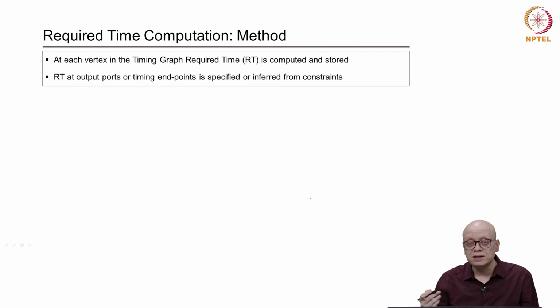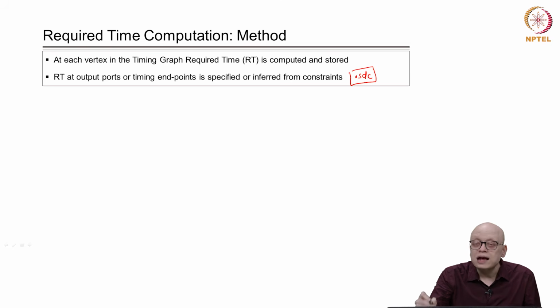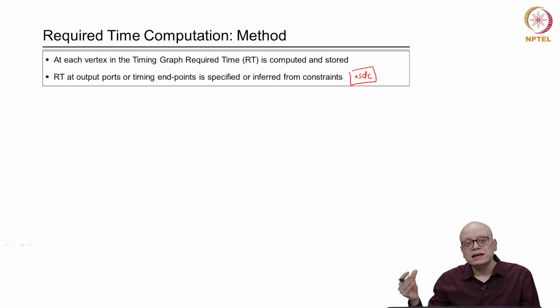So, the constraint can be specified at the output port in the SDC file, or this constraint can be inferred using the clock constraint or the clock period at the clock pins of the flip flops, and based on that the required time can be computed at the D pin of the flip flop, and then that can be propagated in the fan-in cone of the circuit or the timing graph.